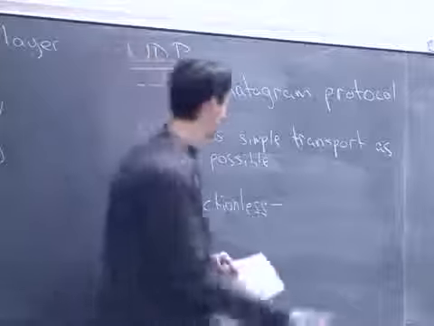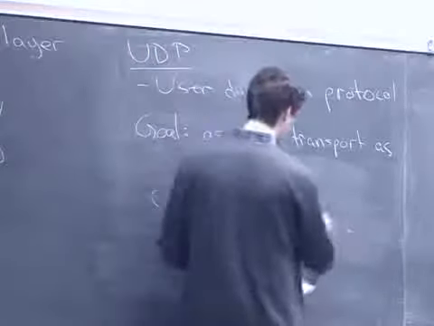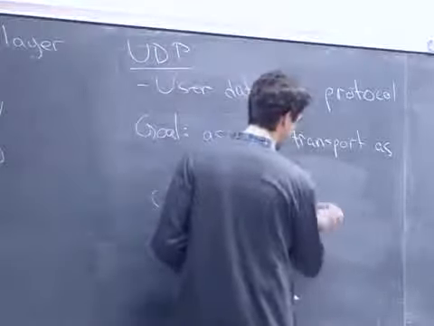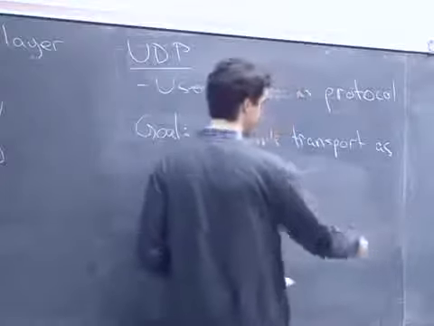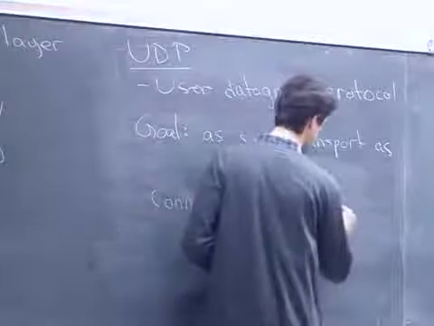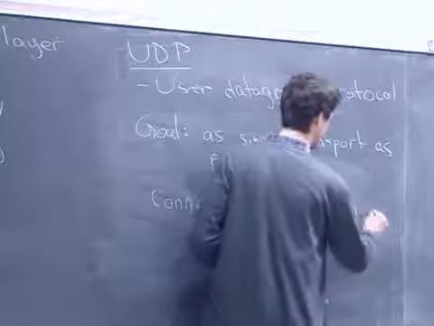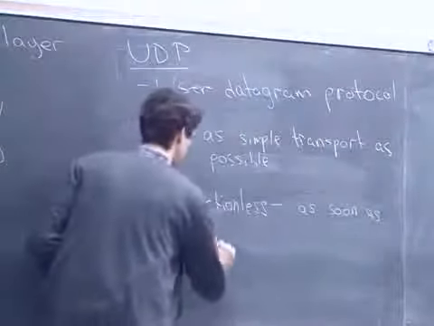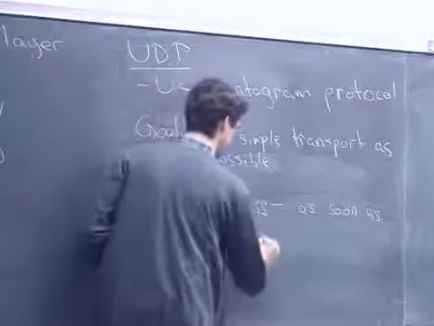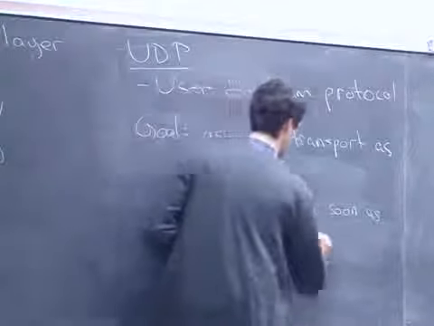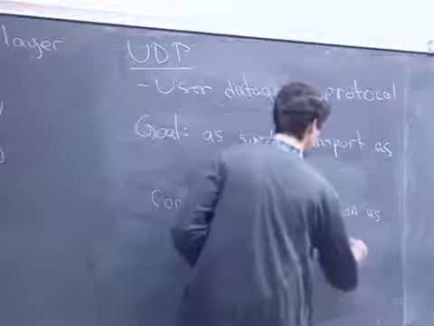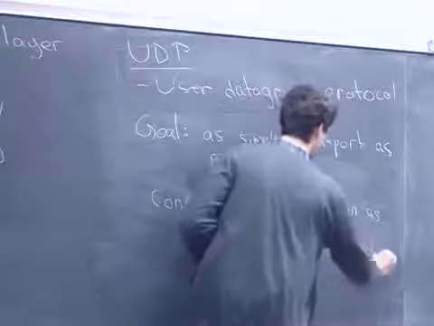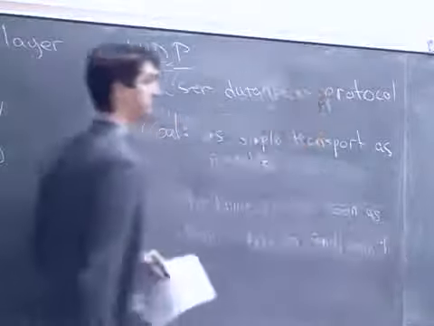And what I mean by connectionless is that as soon as an application has data that's passed to the transport layer, so as soon as there's data to send, we send it.